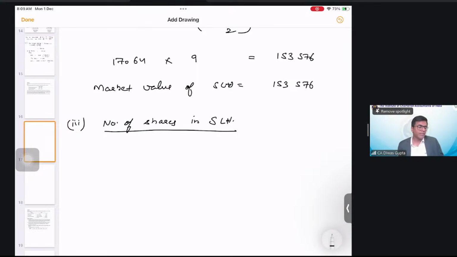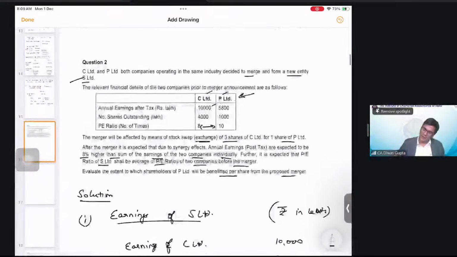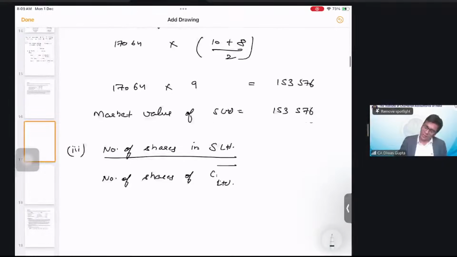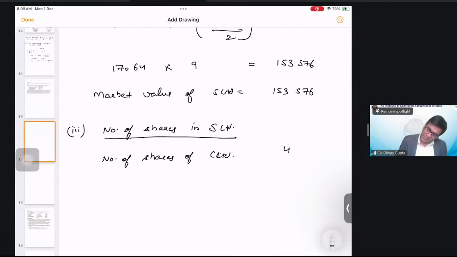The number of shares of C Limited remains as is. How many shares were there? 4,000 for C Limited and 1,000 for P Limited. So 4,000 will remain as is.